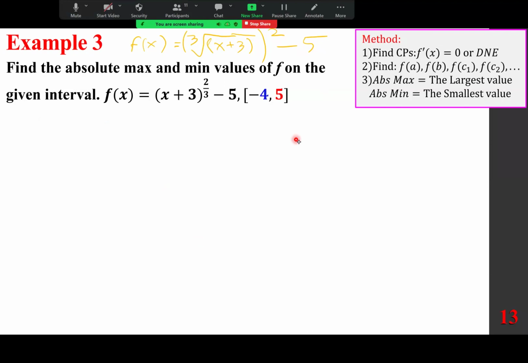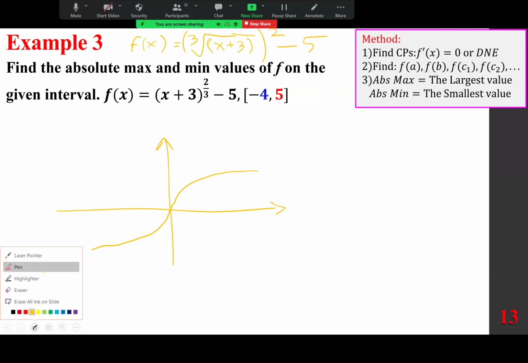And as you know, a basic cube root looks like this. The domain is all real numbers. Again, you shift this to the left by 3, and the positive part gets larger, the negative part flips over, and then you bring it down by 5.